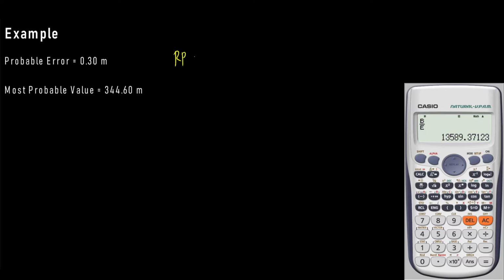Kanina makikita dinidenote as RP, relative precision. So, 0.3 over 344.60. So, ginagawang unity. Divide natin ito pareho sa 0.3.